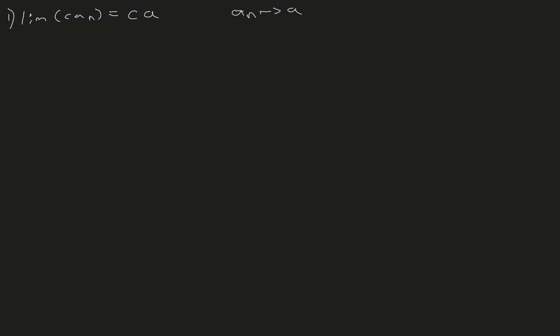So the first one should be pretty easy. It says the limit of can is equal to ca, and we know that the sequence an tends to a. So since an tends to a, we know that for all epsilon greater than 0, there exists an n such that for all small n greater than n, the modulus of an minus a is less than epsilon.